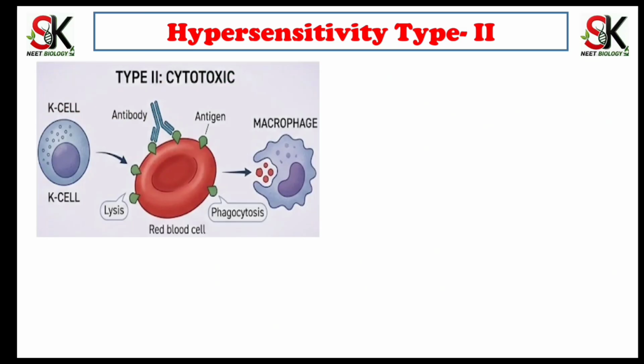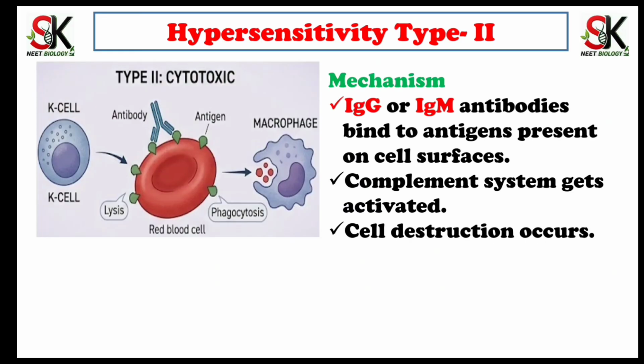Now, moving on to type 2 hypersensitivity, which is also called the cytotoxic type. In type 2 hypersensitivity, IgG and IgM antibodies play an important role. They bind to cell surface antigens. Once bound, they activate the complement system, which is a group of about 30 proteins and a cascade of proteins that punches holes in the target cell, causing direct cell destruction or lysis.